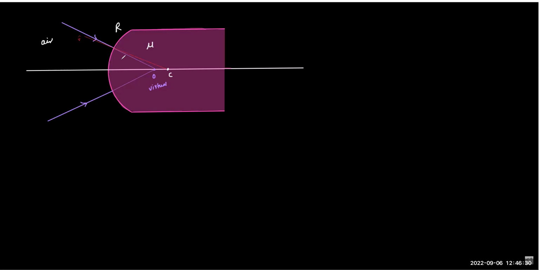Actually, it's very close to normal. I can shift this, but okay, it changes the diagram. Now this will be the angle of incidence, right? This will be the angle of incidence.